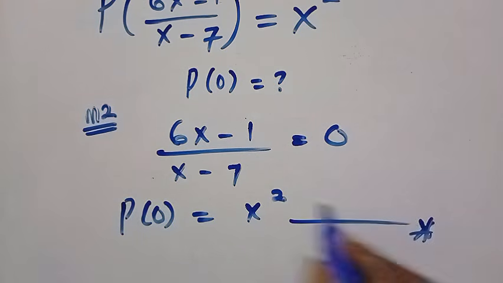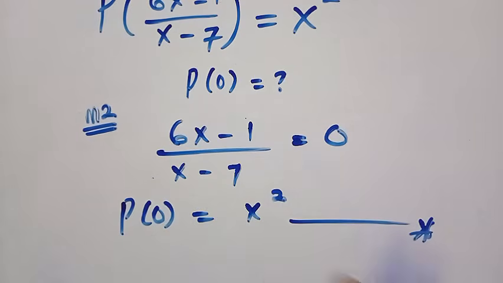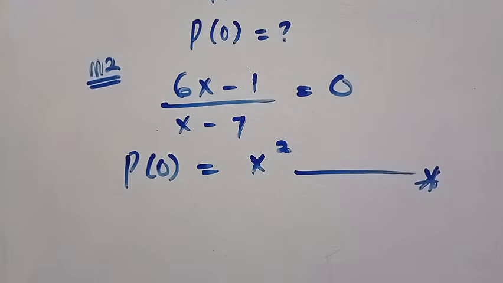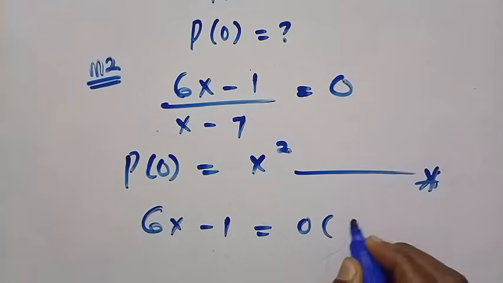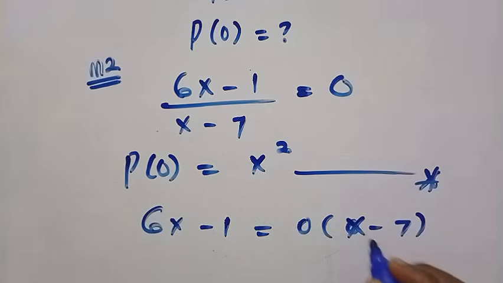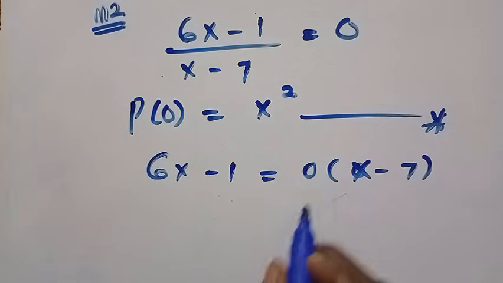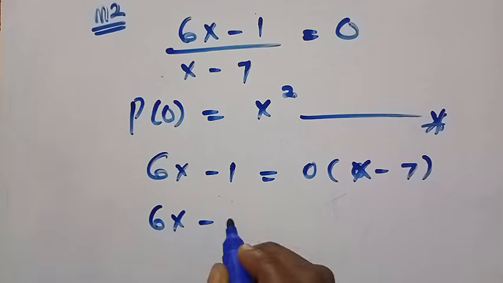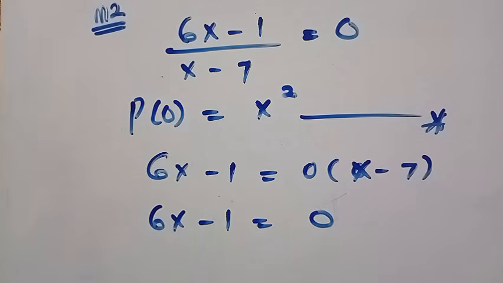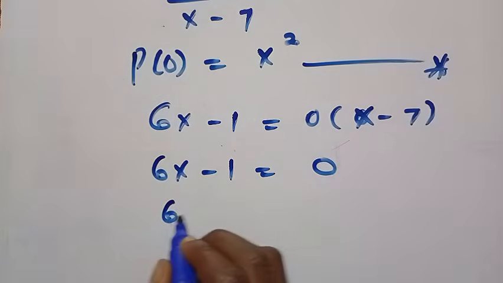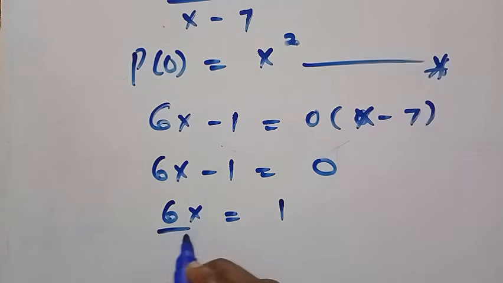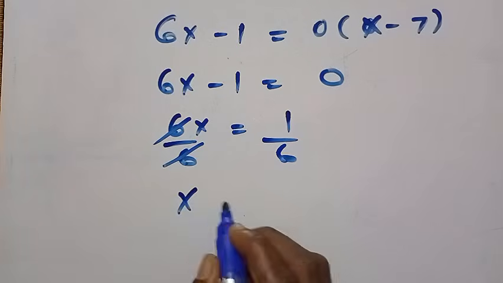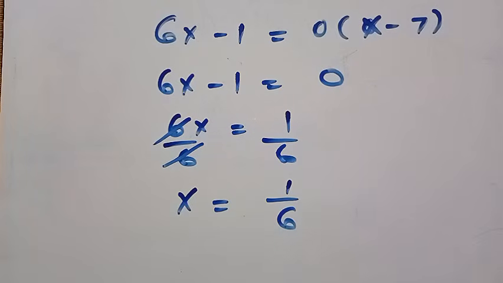So to get x, we come back to this step and cross multiply. Cross multiplying, we have 6x minus 1 equals 0 multiplied by (x minus 7). Then all this becomes 0, and we have 6x minus 1 equals 0. By adding 1 to both sides, we have 6x equals 1. Then dividing both sides by 6, we have x equals 1 over 6.